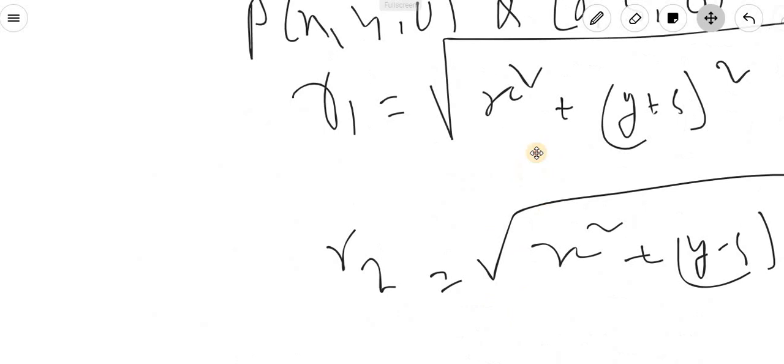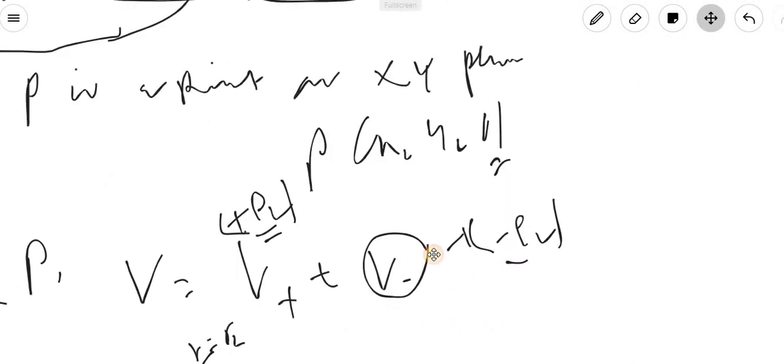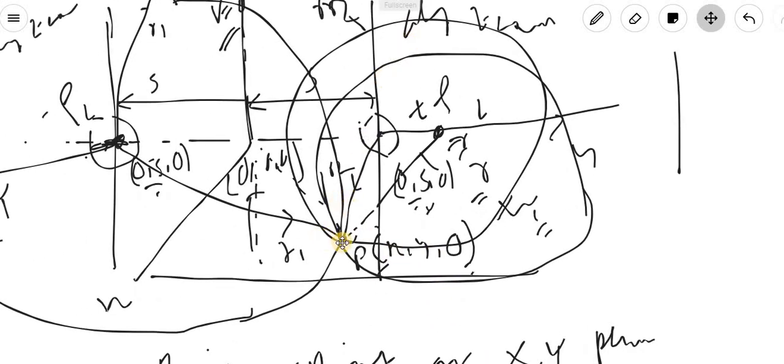So here there is a transmission line. With this point, this r we have considered. So this r1 gives the equipotential line.